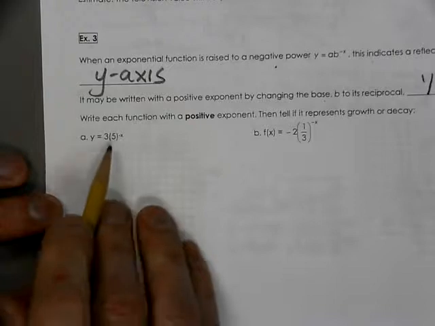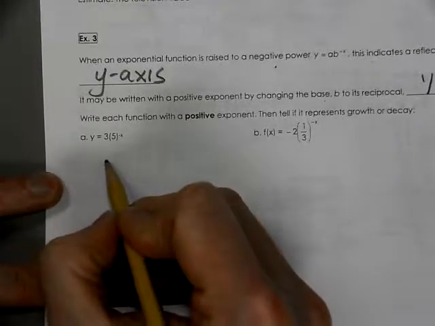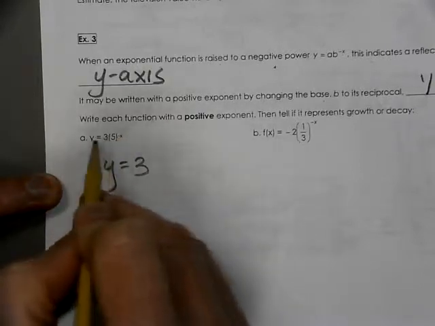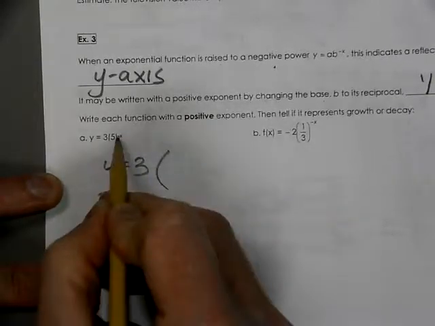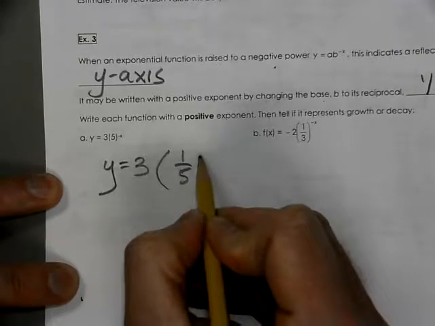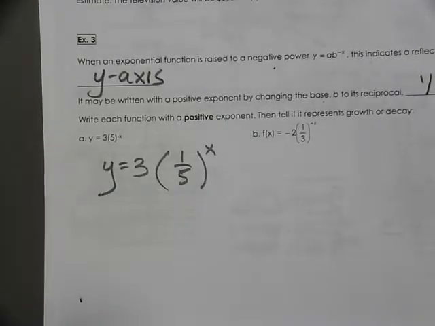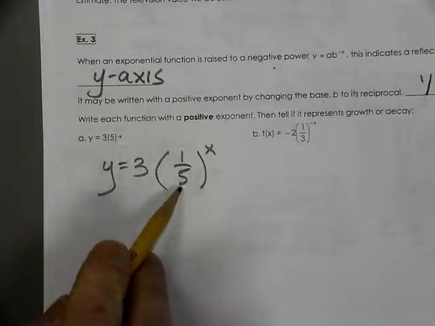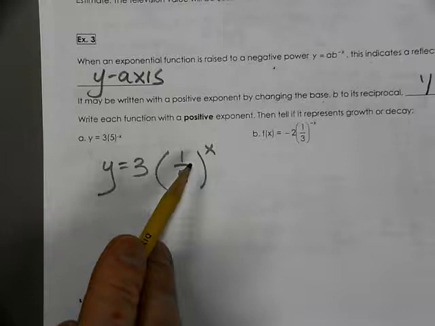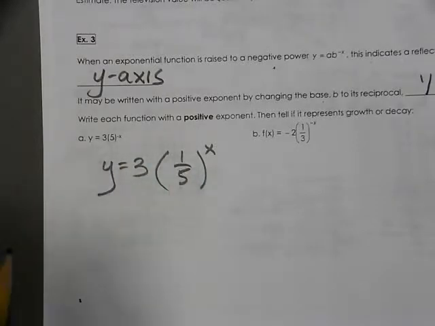So if we take our equation, the 3 is not affected by the x, but let's not write it with a negative exponent. That flips the fraction over, and now going from 5 to 1/5, there's a reflection over the y-axis.